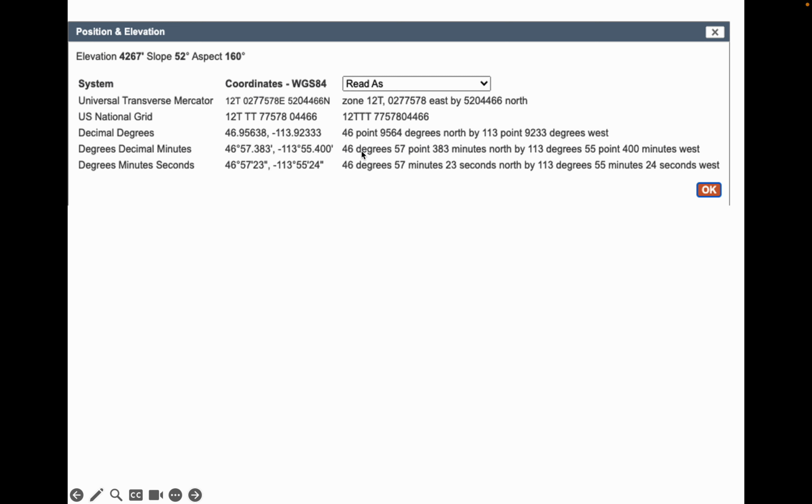And I also want to just point out this whole negative thing here. Notice that there's no word negative over here. There's no by negative 113 degrees. It's 113.9233 degrees west, meaning it's west of that prime meridian, as opposed to east.